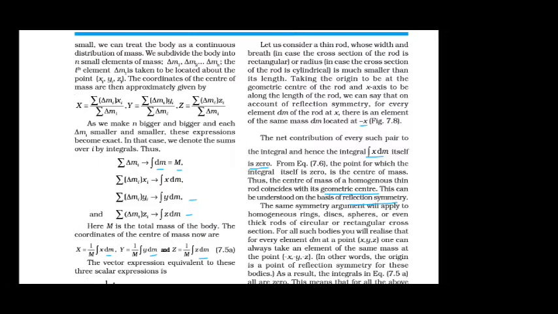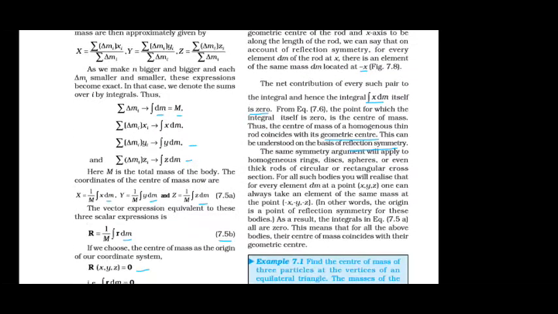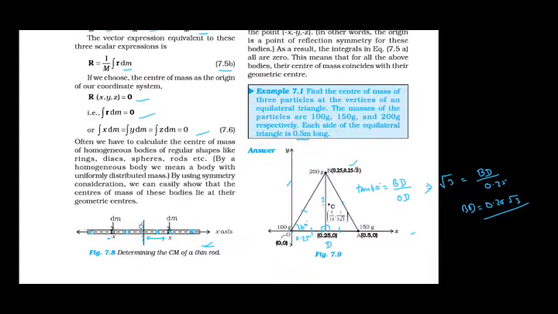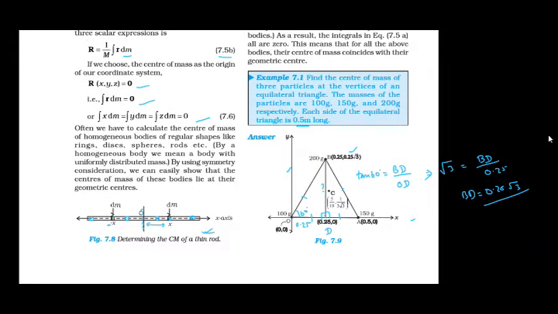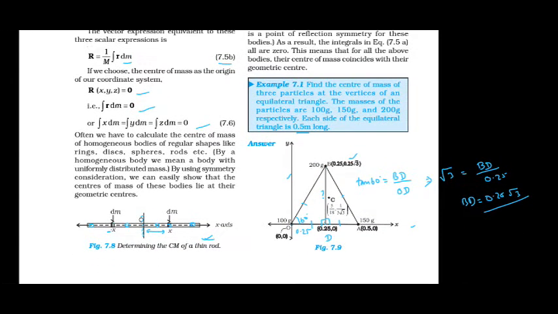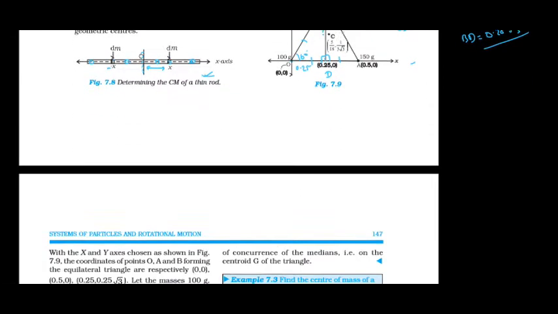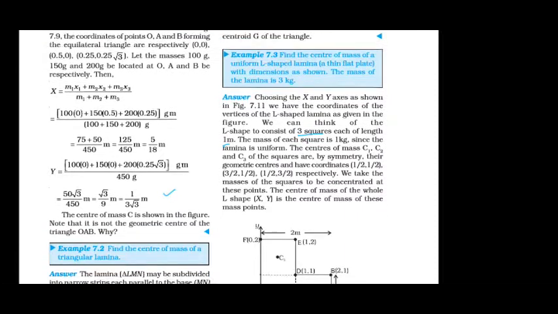So we also learned the integration way to represent the center of mass. After that, we found the center of mass of a thin uniform rod, and next we did a few problem sums, example 7.1 and example 7.2.